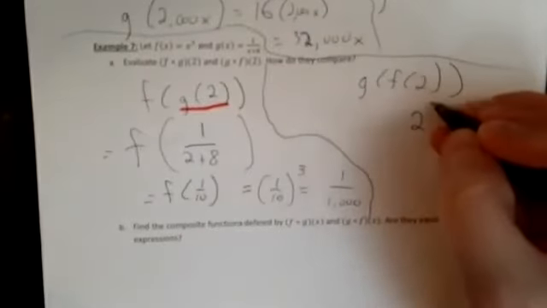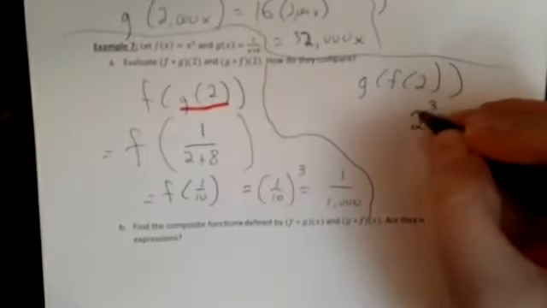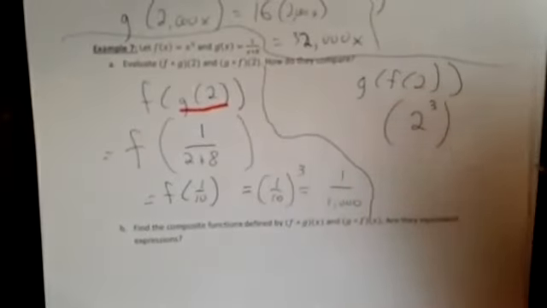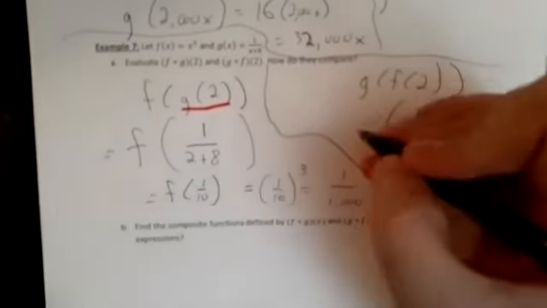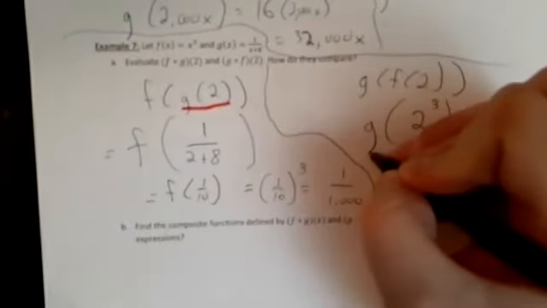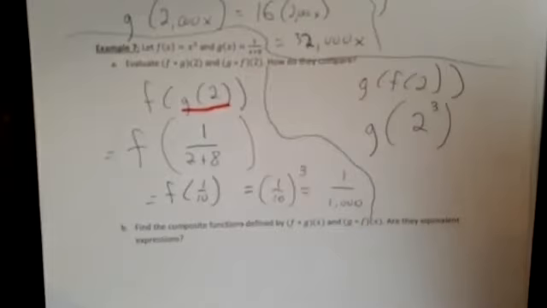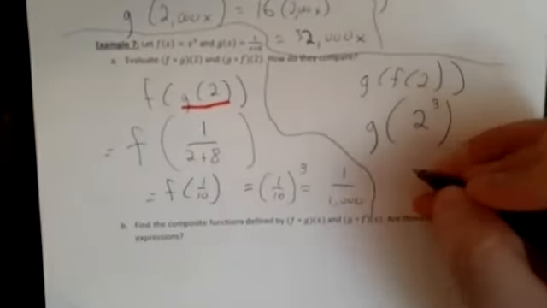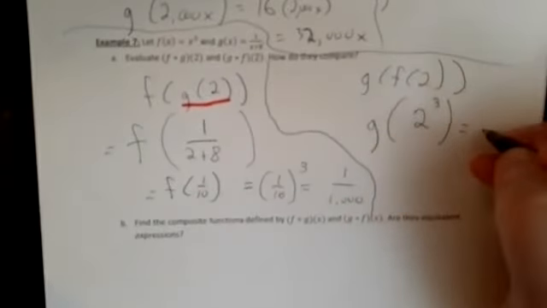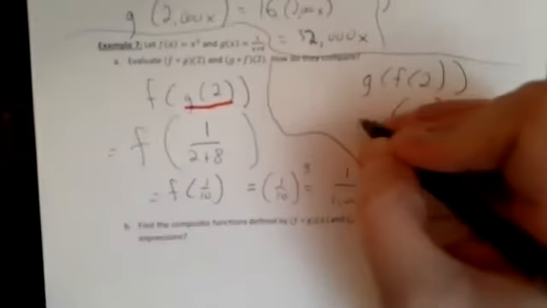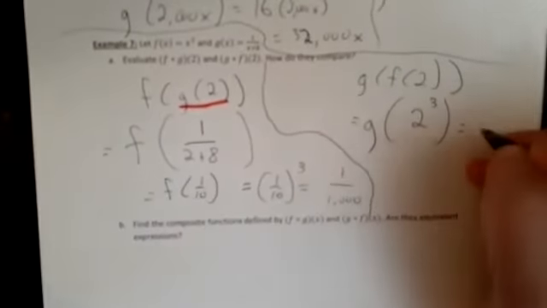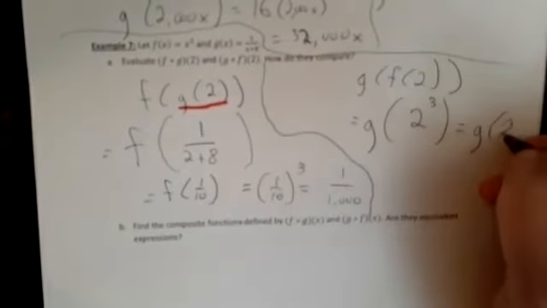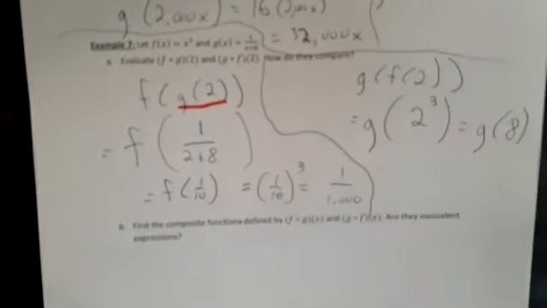This is going to take the 2 and cube it. So that's plugged into my f function. I still have to bring down this g. Okay, so now we're doing 2 cubed. 2 cubed is going to give me 8. So what I'm talking about is the g function evaluated at 8.